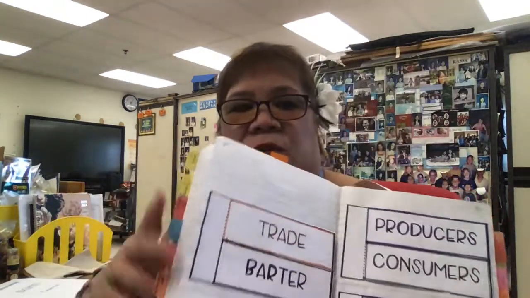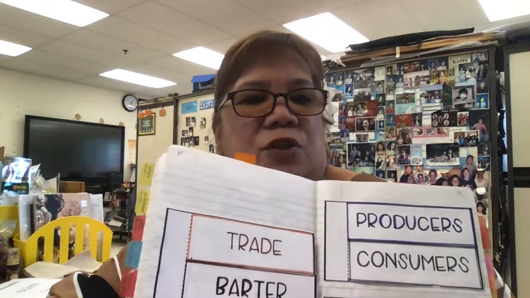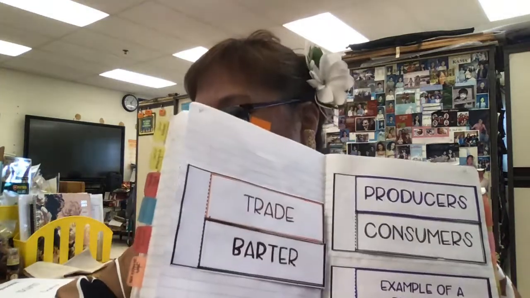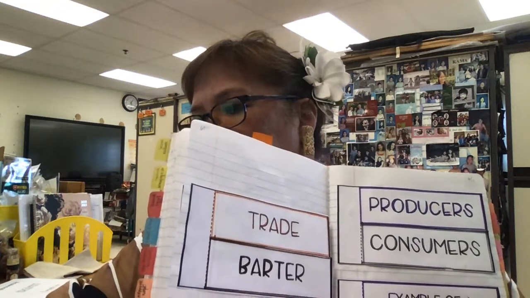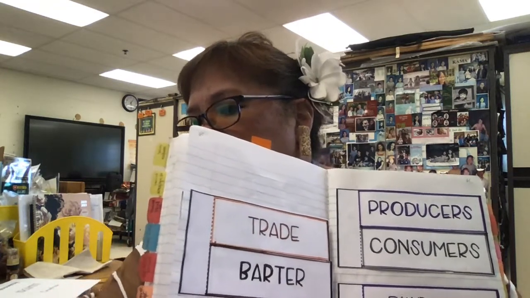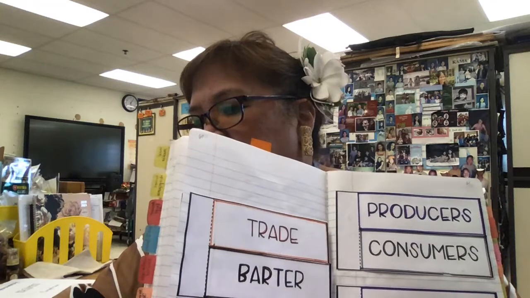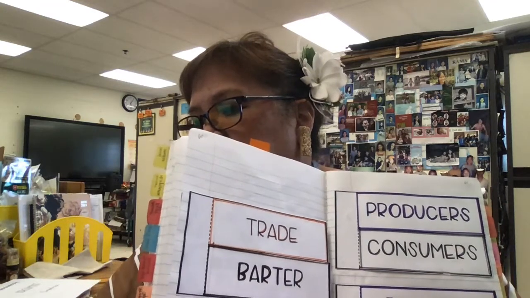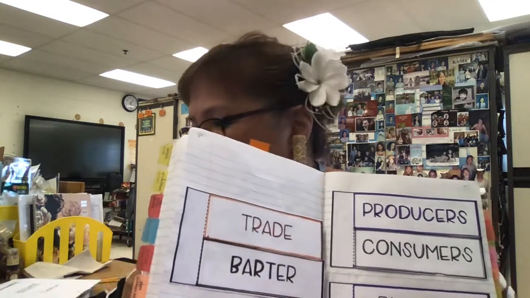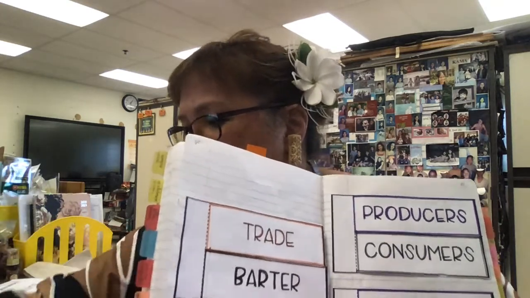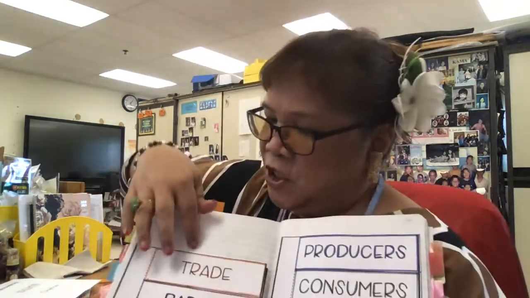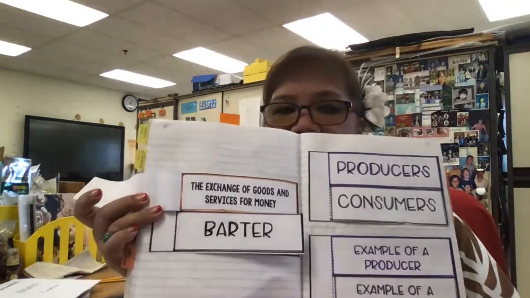Now, on the very next page, we are going to glue in trade and barter. That's your heading. Make sure you put the definition on the bottom. The definition for trade is the exchange of goods and service for money.